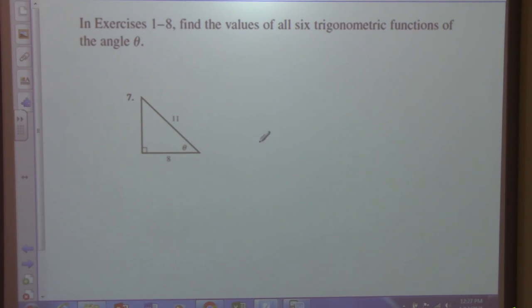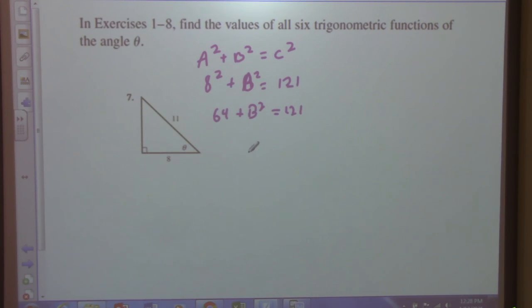A squared plus b squared equals c squared, and then h squared plus 64 equals 121. So you said 8 squared plus a squared, or b squared, excuse me, equals 121. And then it would be 64 plus b squared equals 121.